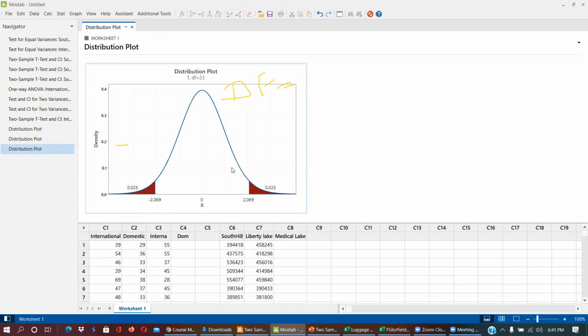When the value is between minus 2.069 and plus 2.069, any value in between these two numbers, then our null hypothesis is accepted. That says international and domestic flights weights are the same. But since our test statistic is coming 3.7, that would be somewhere here, in the rejection region, and automatically we are rejecting this hypothesis, that they are not equal.